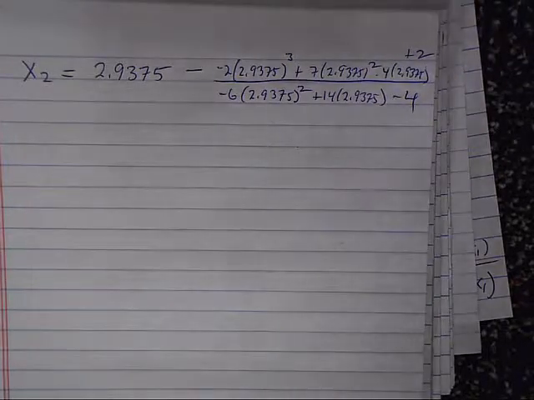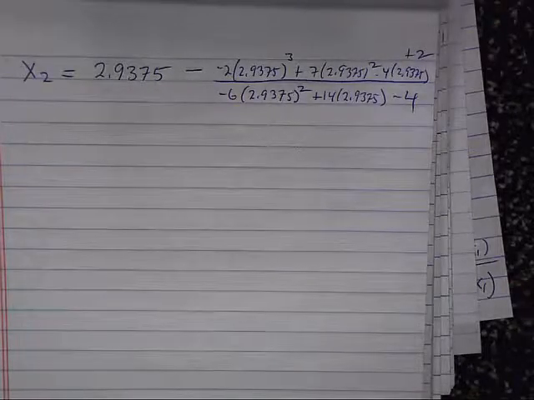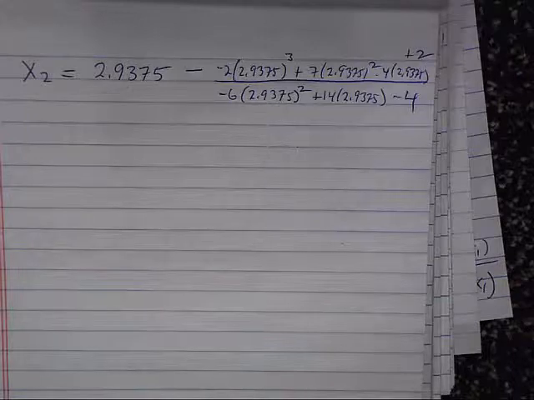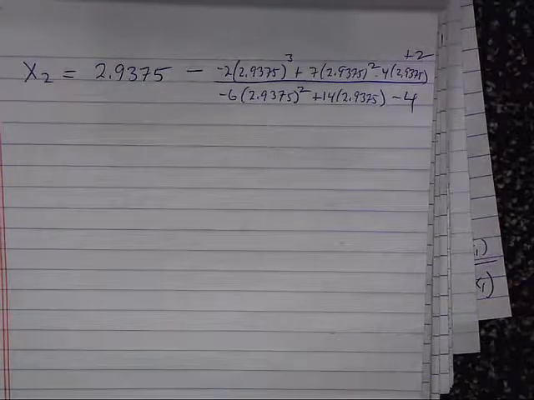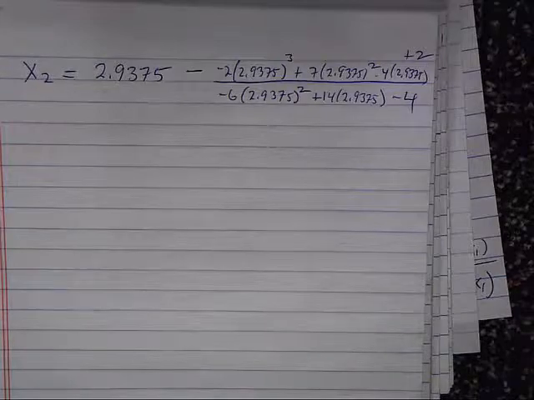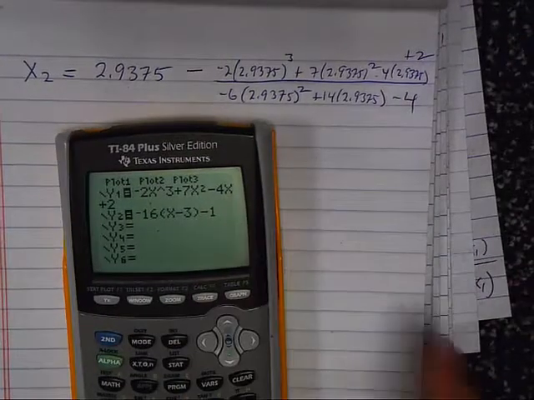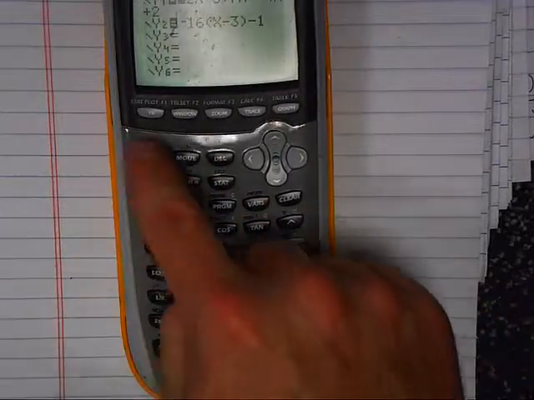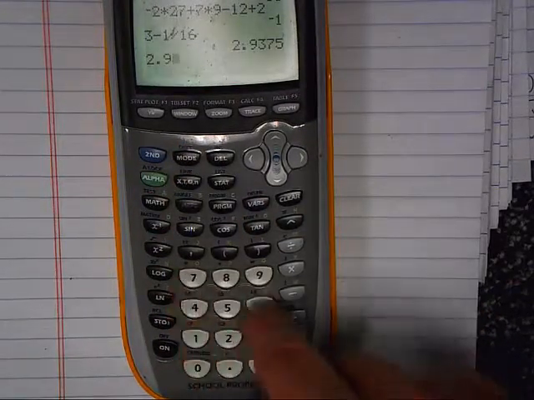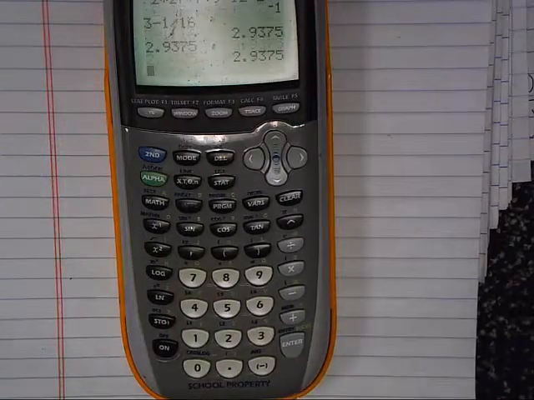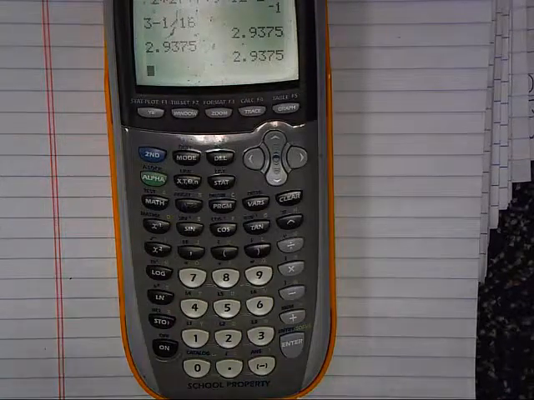So all I have to do is type all that big mess into my calculator and see what I get. Here's what I'm going to do. I'm going to type in 2.9375. And that's now stored in my calculator as the answer.